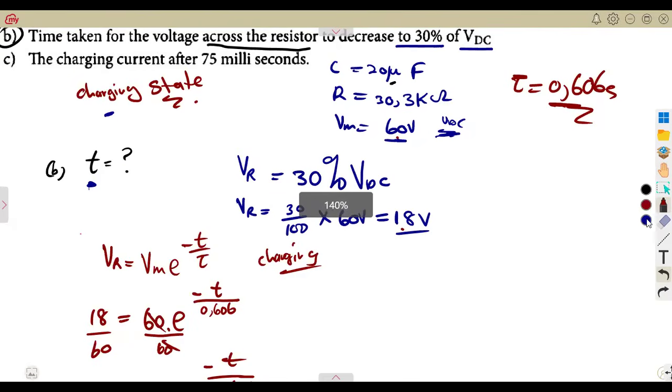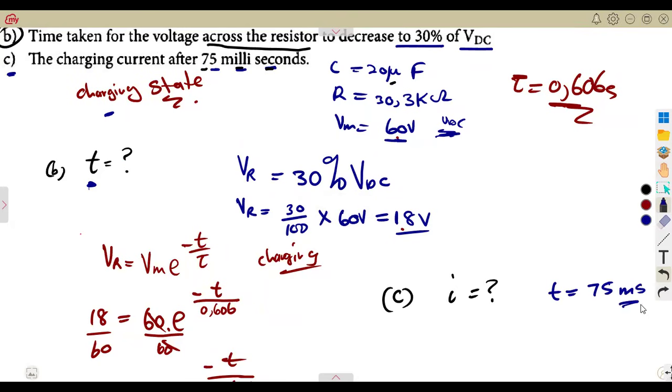C, the charging current after 75 milliseconds. That's C. The charging current after 75 milliseconds.